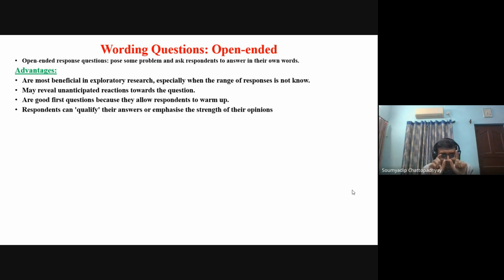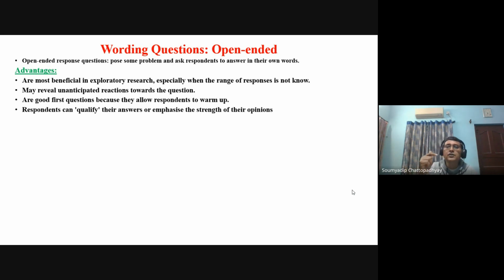Now, there are certain advantages of this kind of open-ended question. What are the advantages? These questions are beneficial and mostly used for exploratory research, that means research which is qualitative in nature, especially when the range of responses is not known properly. It may reveal, in some cases, unanticipated reactions toward the questions.